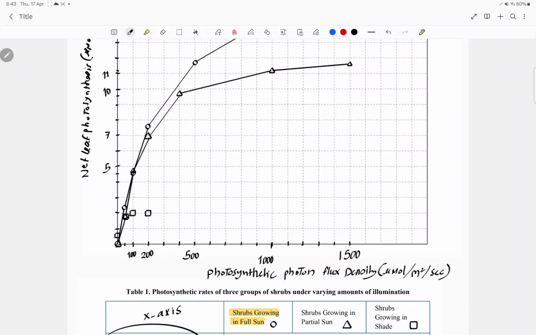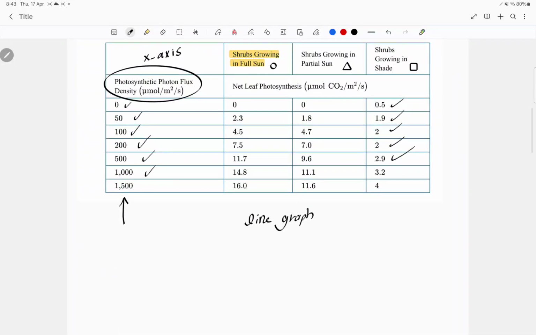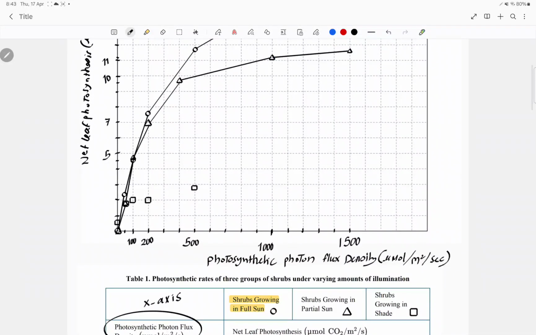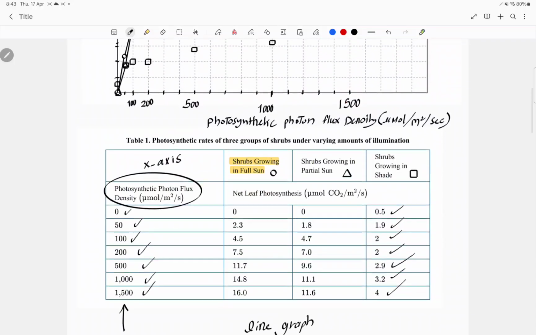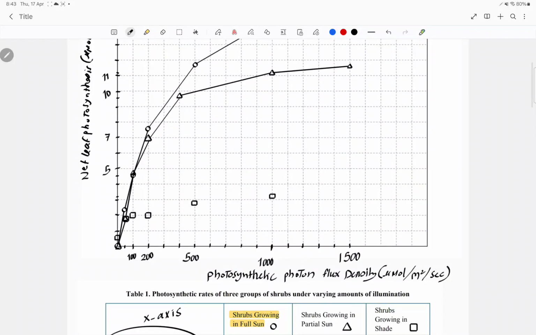So 502.9 would be here. 1,003.2. 1,003.2 will be here. Then 1,504. That'll be here.